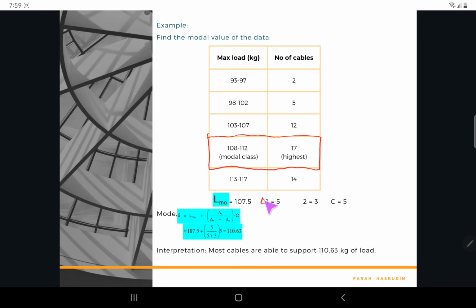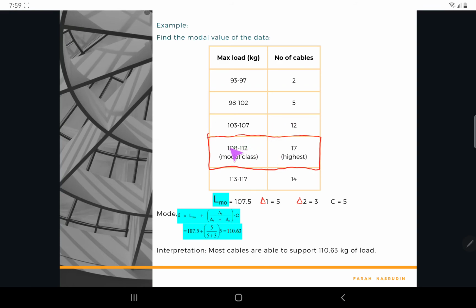So itu difference 1. And then difference 2 means the difference between the frequency of the mode class and the frequency of the class after it. So 17 minus 14, so jadi 3. And then our C is 5 because C is the size of the mode class.